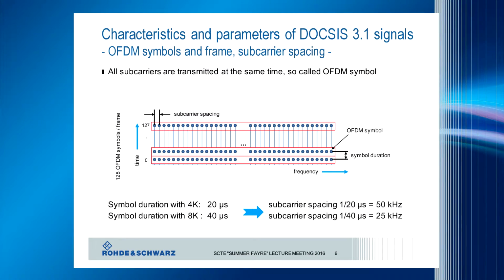Afterwards, after a frame, the symbols are counted again from zero until 127. It's important to know the symbol duration, because from the symbol duration we can calculate the channel or subcarrier spacing. That means in the 4K mode or 8K mode we have 20 microseconds and 40 microseconds. The resulting carrier spacing is 50 kilohertz between all the carriers, or otherwise 25 kilohertz.